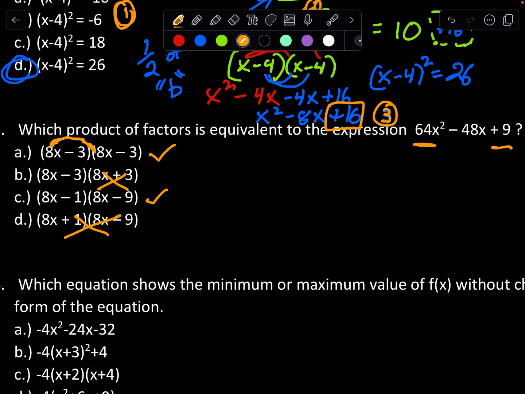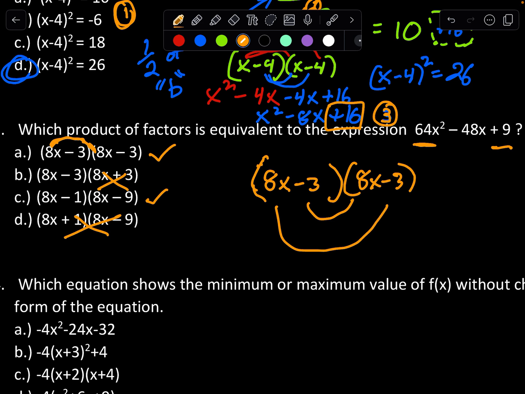So I guess it's up to the middle term here, and I'll write it out here. 8x minus 3 and 8x minus 3. What I like to call little smiley and big smiley. This is your middle term when you add together little smiley and big smiley, or you could say the inner and outer products.